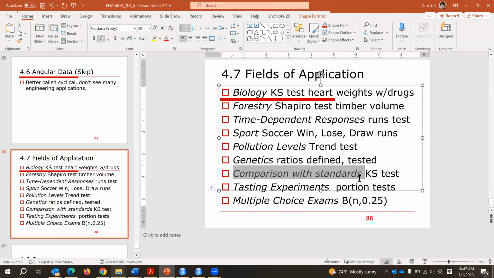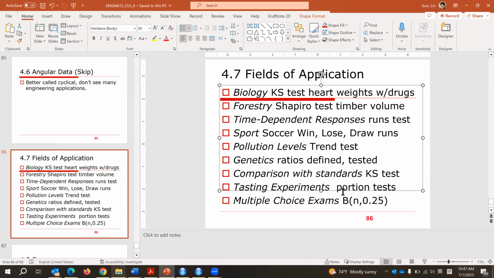Comparison with a standard Kolmogorov test, for example, some exam passing rate, or matching whether the distribution of students' grades is normal, then we can use Kolmogorov or Lilliefors.